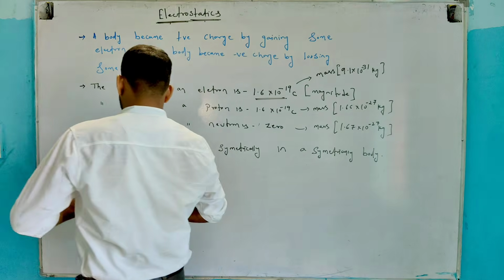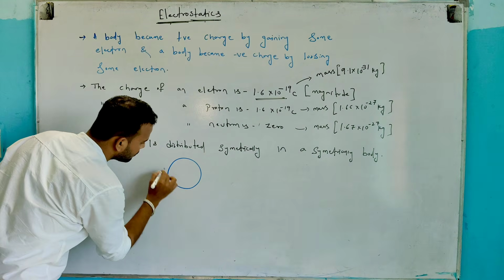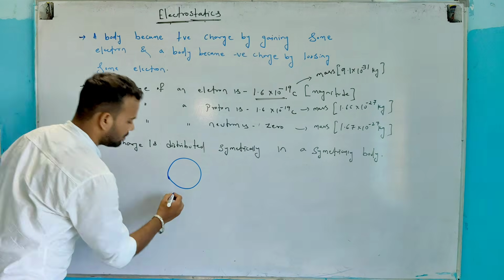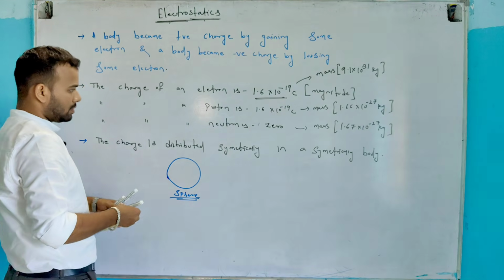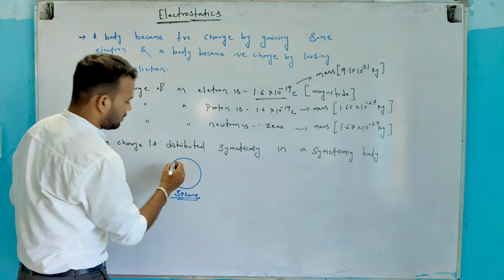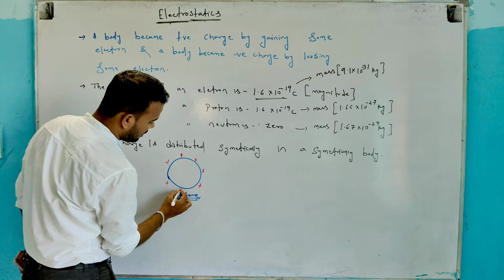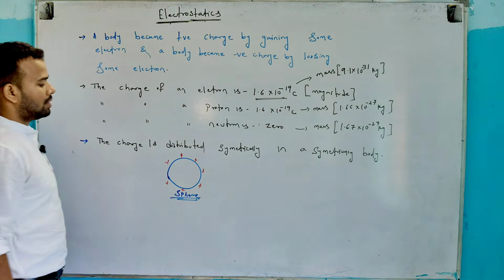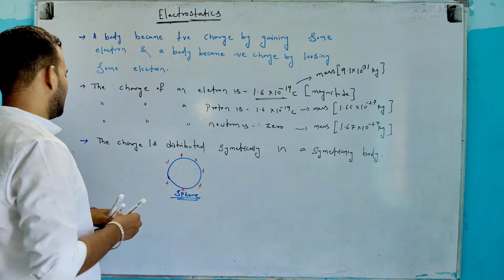For example, suppose here is a sphere. If we apply some charge to this sphere, positive or negative, the charge is equally distributed everywhere.